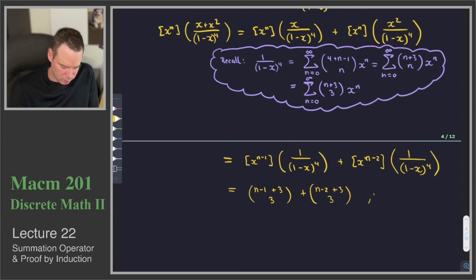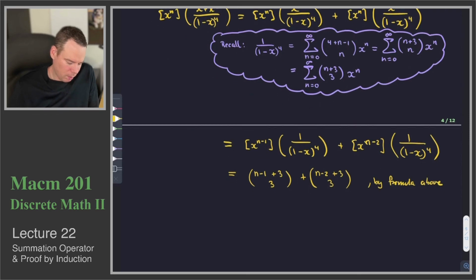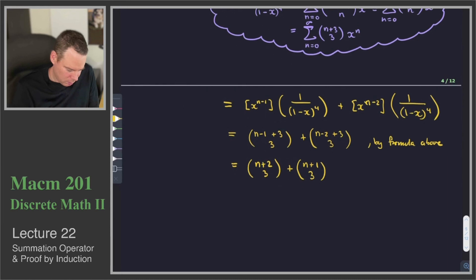And so this was by the formula above. And so this becomes then n plus 2 choose 3 plus n plus 1 choose 3. So that is what the sum of consecutive squares is. Let's see if we can change the form a little bit.